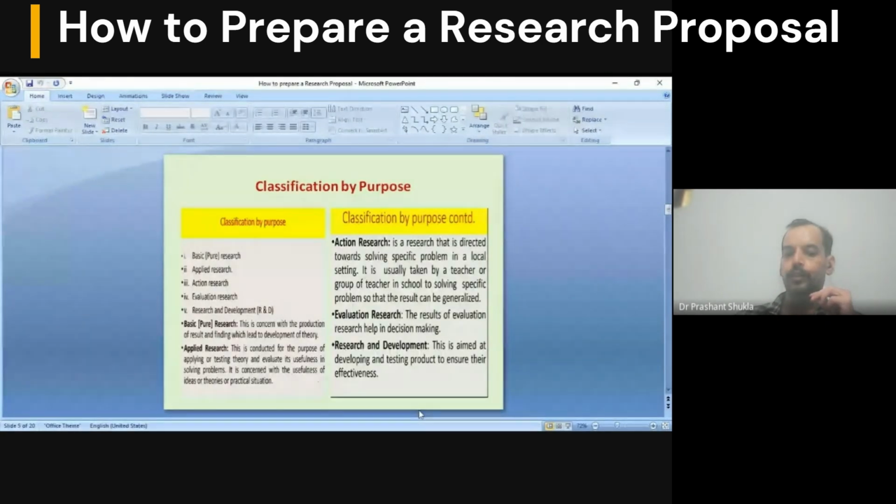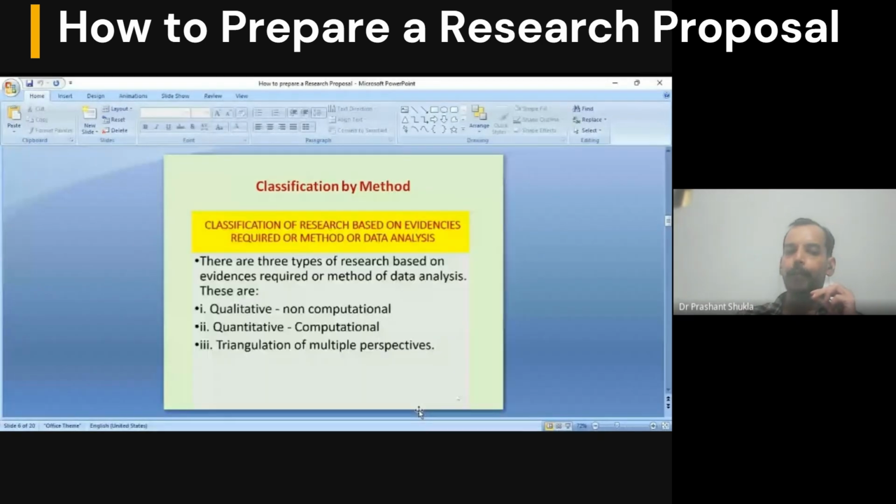As we all know, this is aimed at developing and testing some product or idea or theory to ensure their effectiveness. So this is the classification by purpose. Your research has to fall in one of the categories, and you should have a consistent argument to say why my research is pure or why my research is applied.